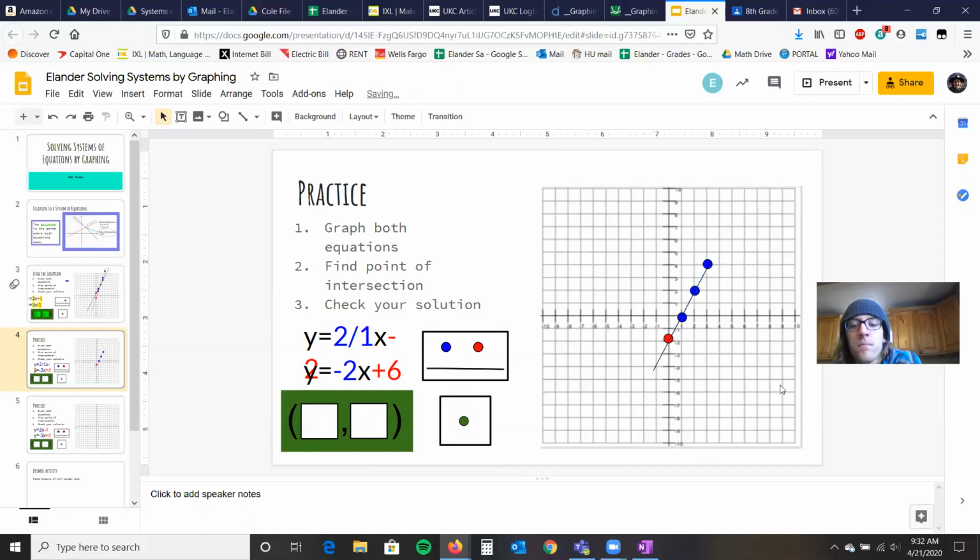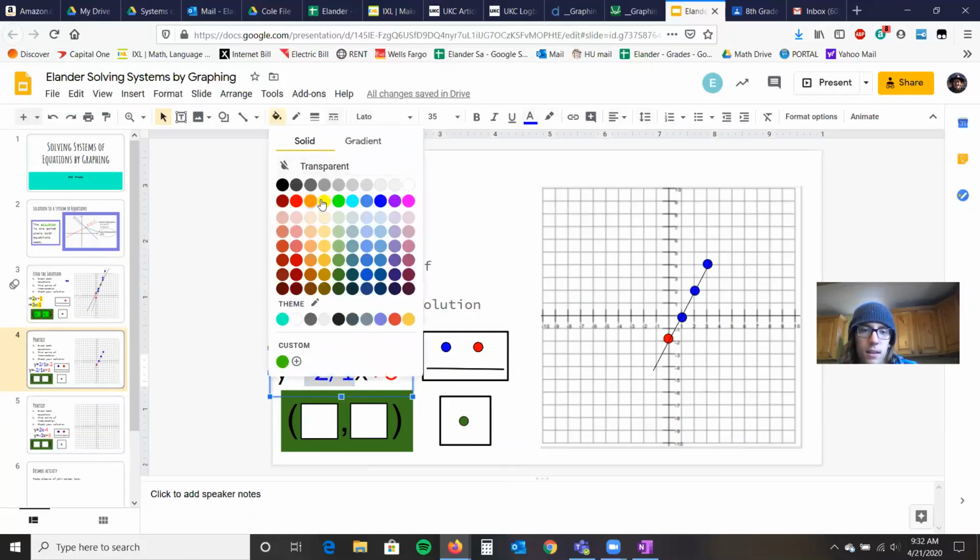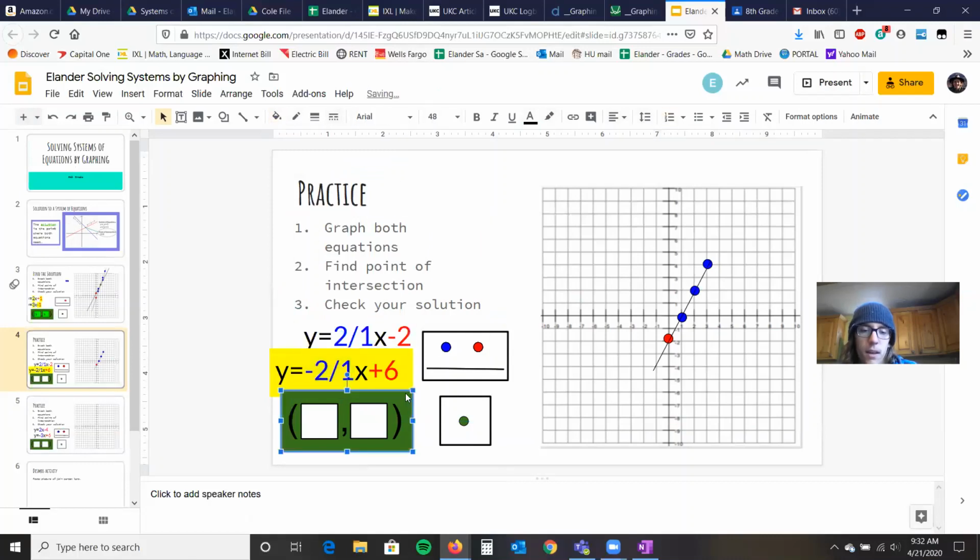Okay. So there's my first line, and then now I do my second line, okay, which was the plus 6, right, and the negative 2 over 1. So we already rewrote our slope as this, negative 2 over 1, and then plus 6.